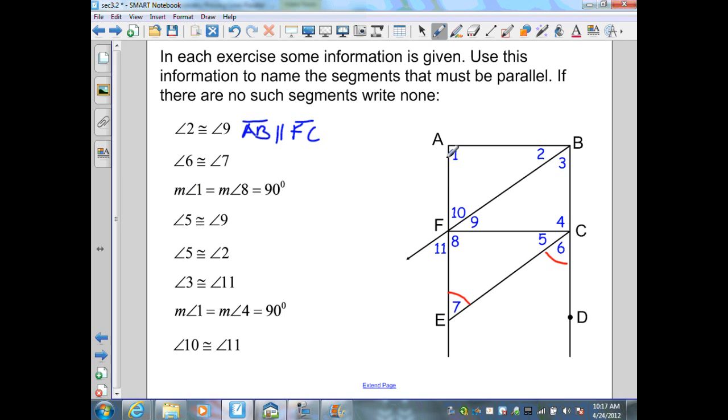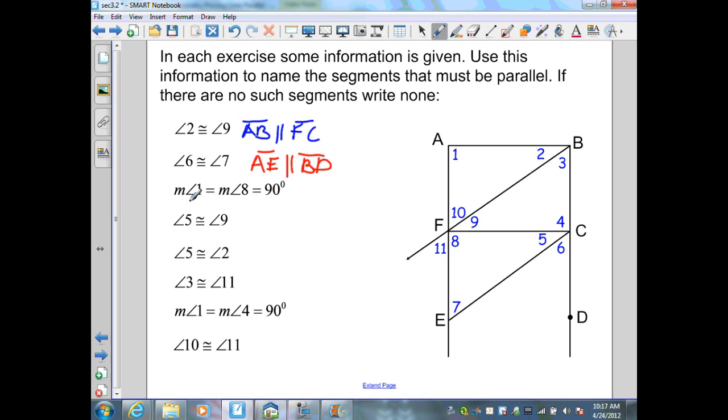The other two segments that form those angles are AE, or I also could say FE or EF, and BD. And by the converse of the AIA theorem, if alternate interior angles are congruent, then the two lines cut by the transversal must be parallel.